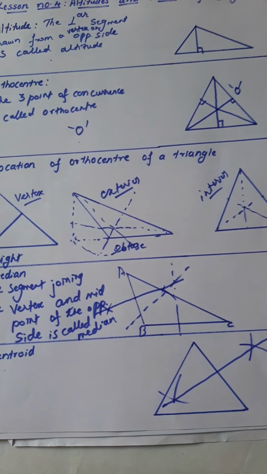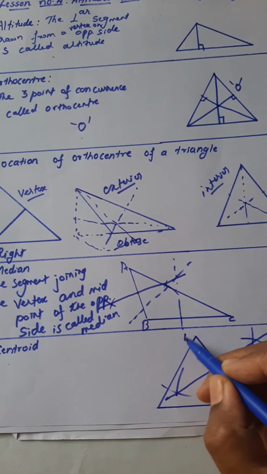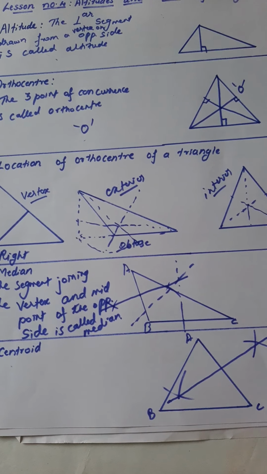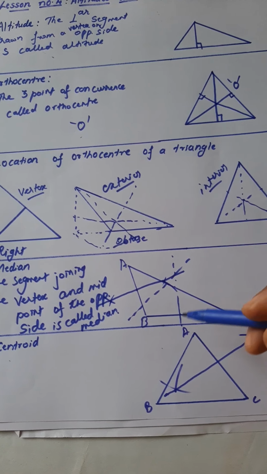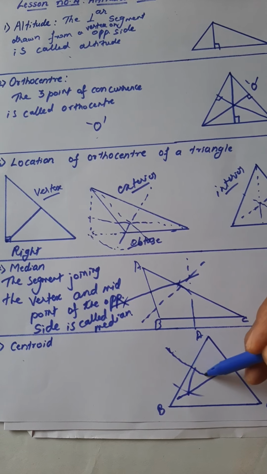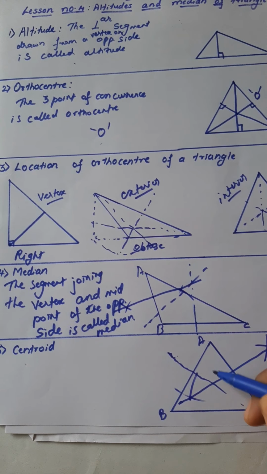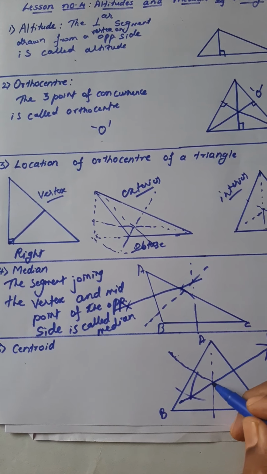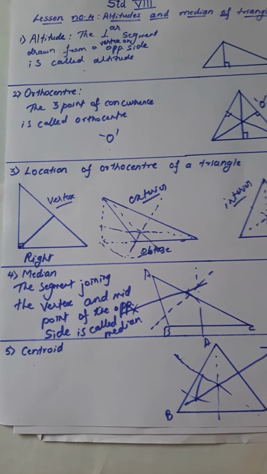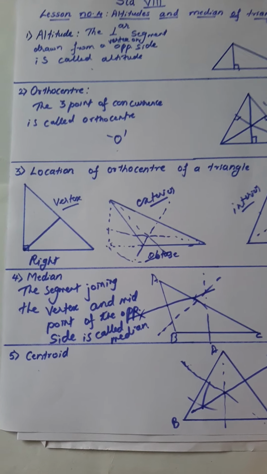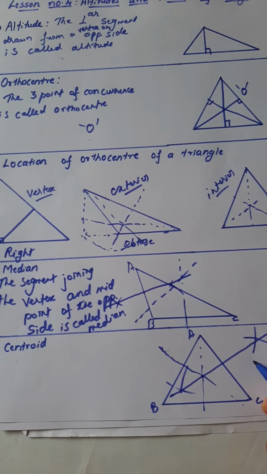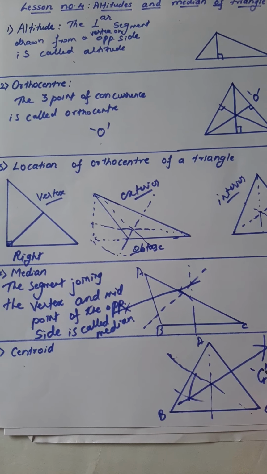You do this for all the three sides. I have shown only one side. This middle point is called the centroid, which is denoted by the capital G.